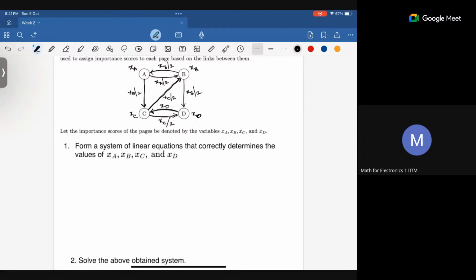Or we'll start from A. A has XA importance, and you see the inward coming edges. That importance comes from one web page, which gives only XB by 2 importance. So XA has only one incoming importance, and that value is XB by 2.